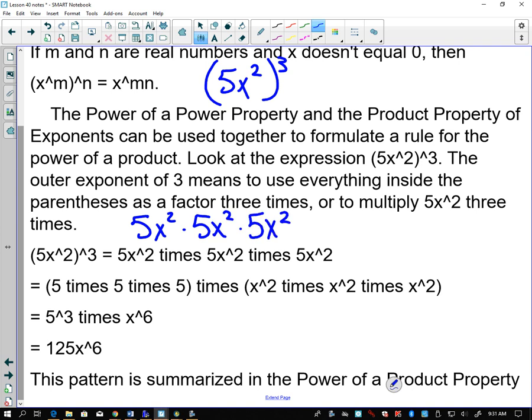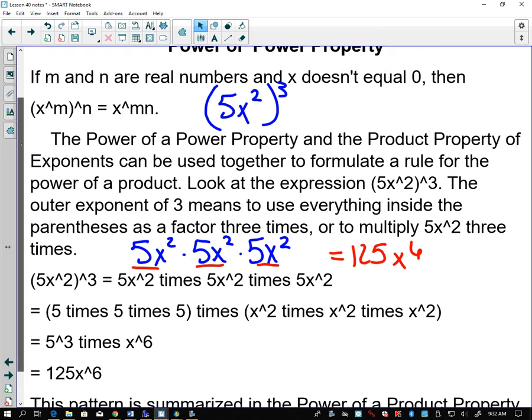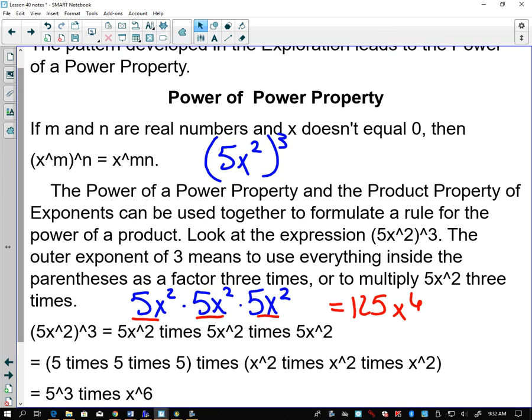Well, we can find 5 times 5 times 5, right? That's 125. And because these are the same bases, I can add those three exponents: 2 plus 2 plus 2. What is 2 plus 2 plus 2? x to the 6th. Now I can understand as I look up here that I'm taking 5 and cubing it. 5 times 5 times 5 is 125.